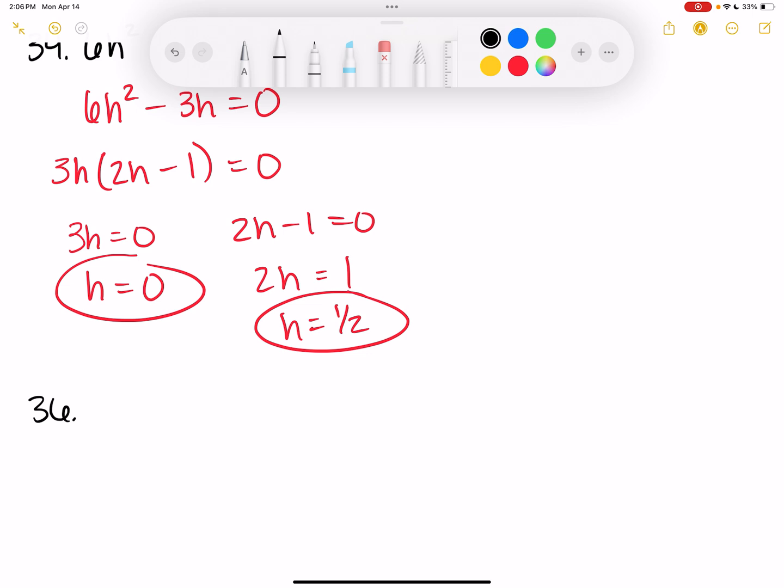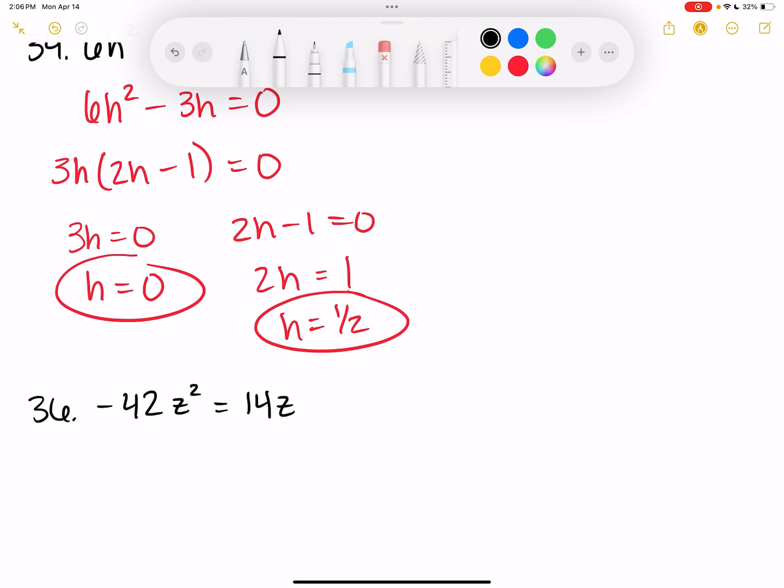$36. Negative 42z squared equals 14z. So what am I going to have to do with this one? Subtract 14z.